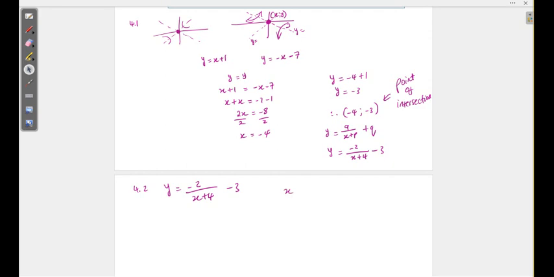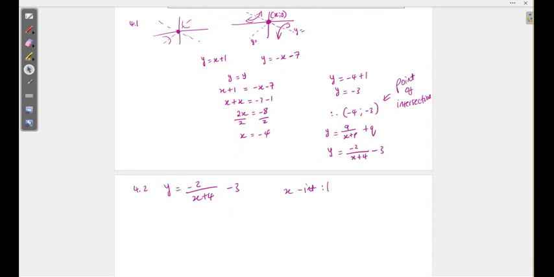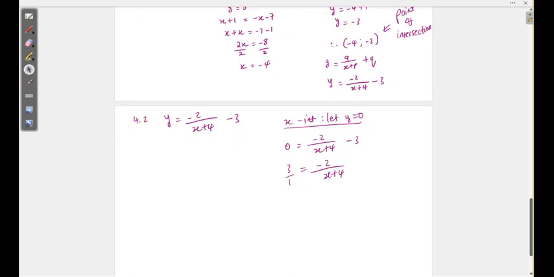To get the x-intercept, just like what they wanted, remember that would be simply letting y be 0. Then you will say 0 is equal to negative 2 over x plus 4, minus 3. Take the 3 to this side. Now we're just simply solving. Maybe do a bit of a cross multiplication there. Negative 2 will be 3x plus 12.